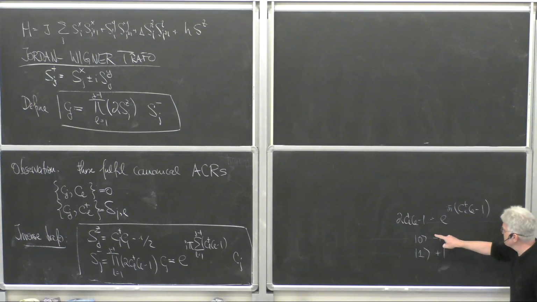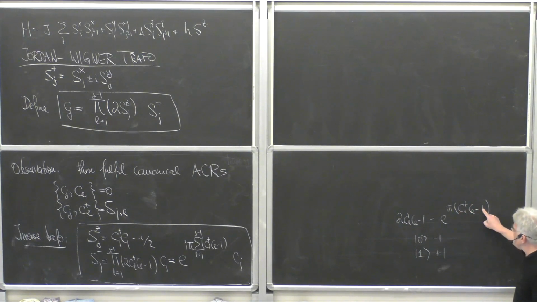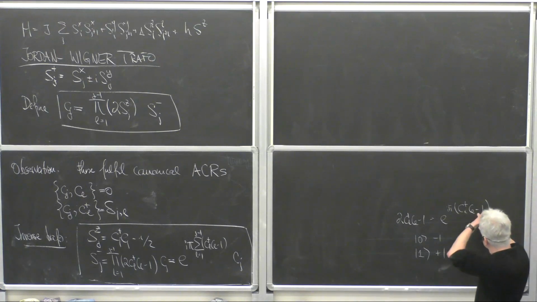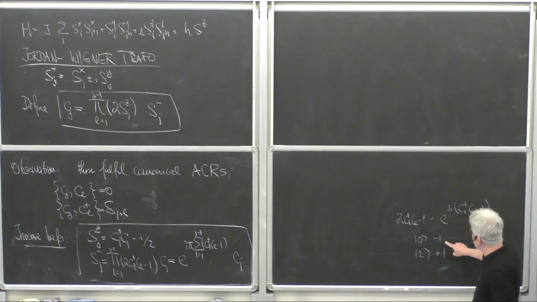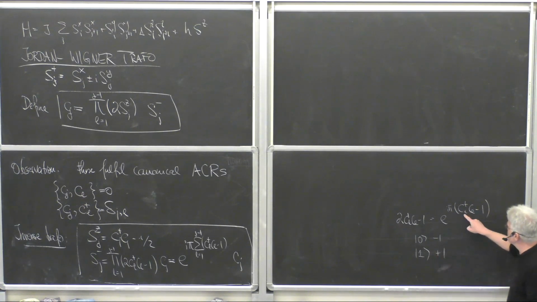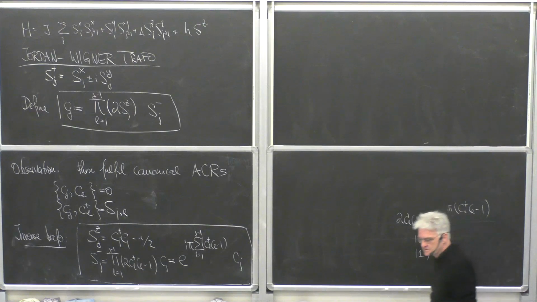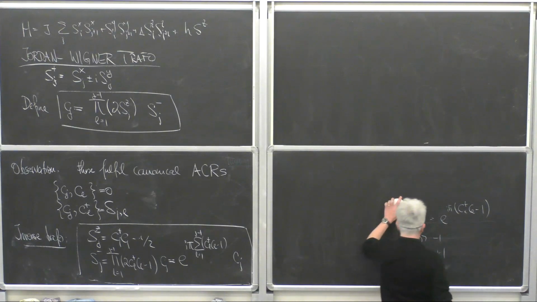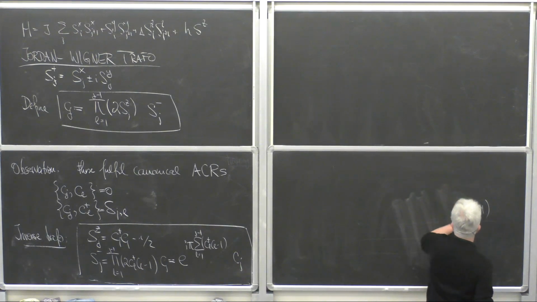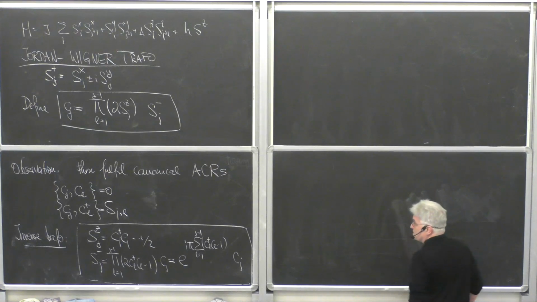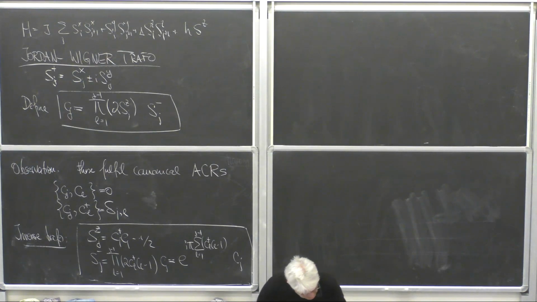Again, this annihilates it, so you get e to the 0 times iπ, which is 1. On the other hand, if you act on the occupied state, it's an eigenstate with eigenvalue 1, so you get e to the minus iπ, which is minus 1. Okay, so it's indeed correct. All right. Anyway, so that's probably too much detail.